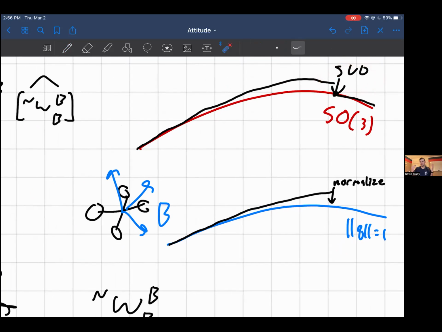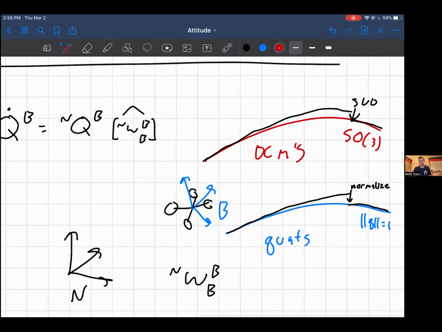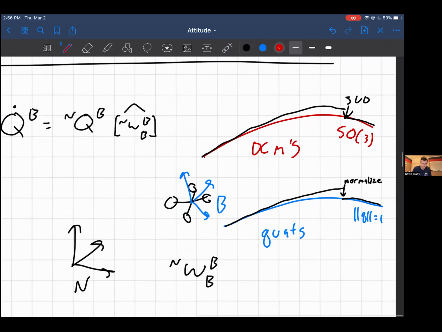So as far as what it costs us to project back onto that manifold, such that we're in the safe space again, it is dramatically cheaper for quaternions than it is for rotation matrices. Does that make sense? I'll say quats versus DCMs. This is another reason that we love using quaternions.